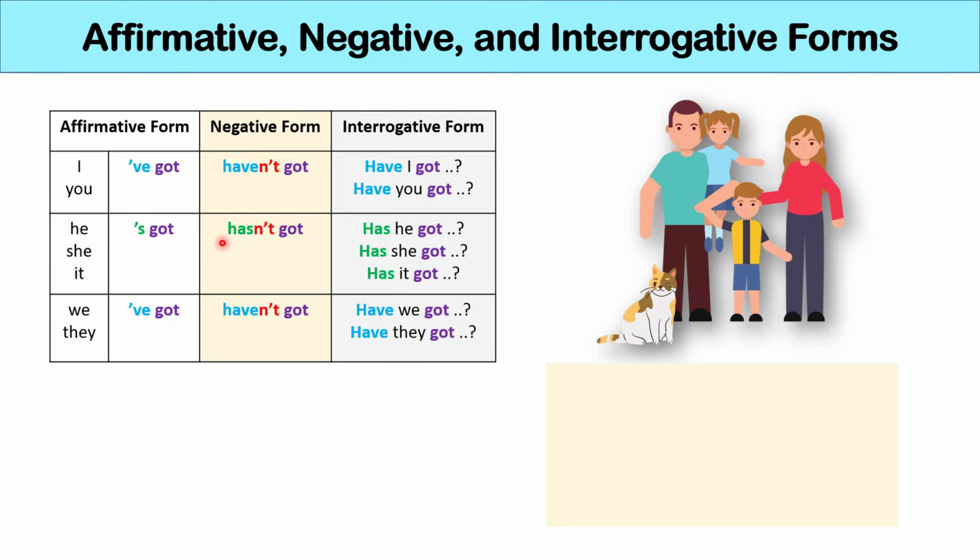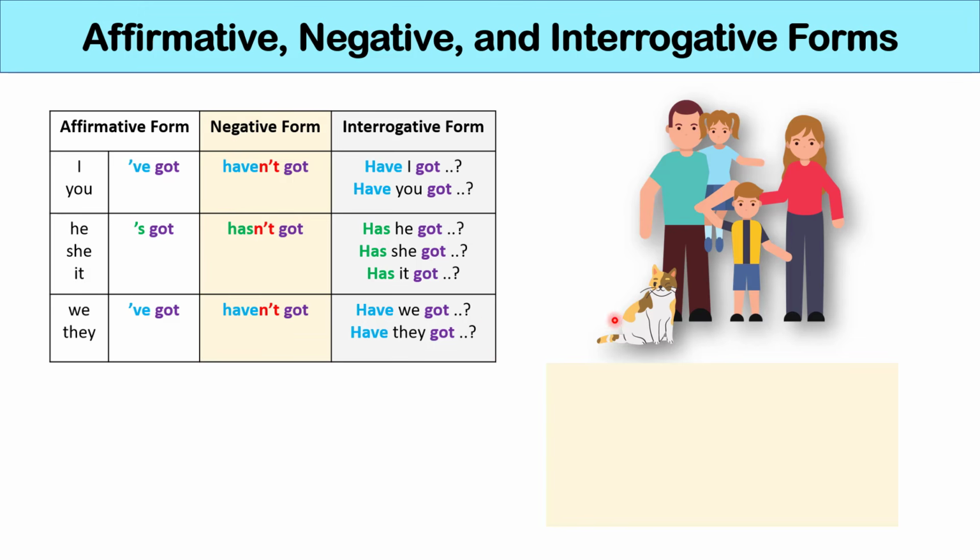He hasn't got, she hasn't got, it hasn't got. We've got, they've got, we haven't got, they haven't got. And if we want to make questions, have I got, have you got, has he got, has she got, has it got, have we got, have they got?